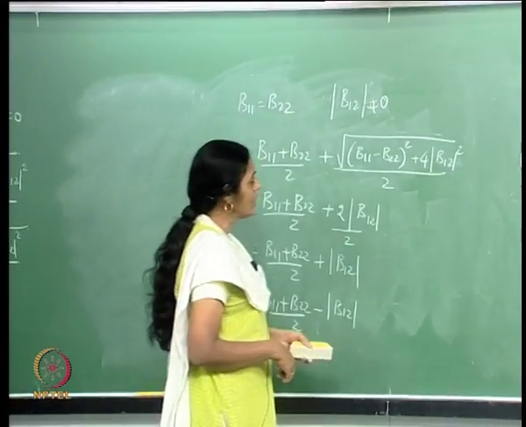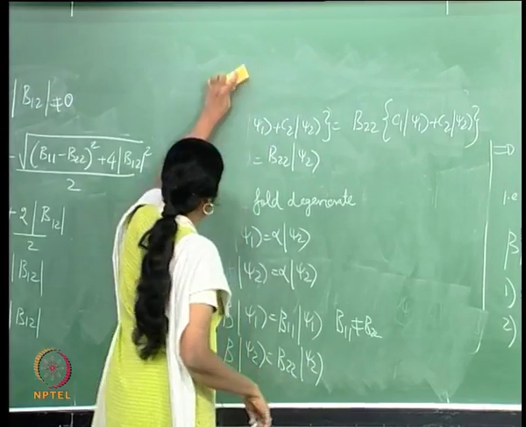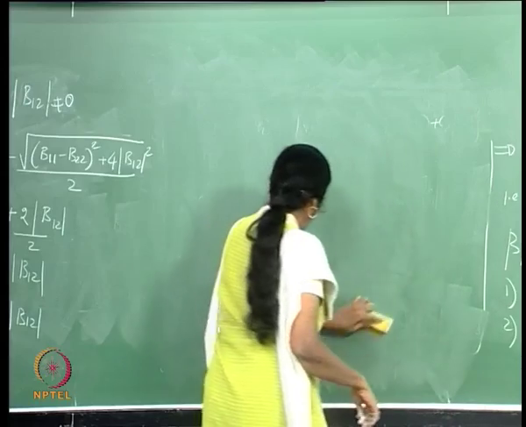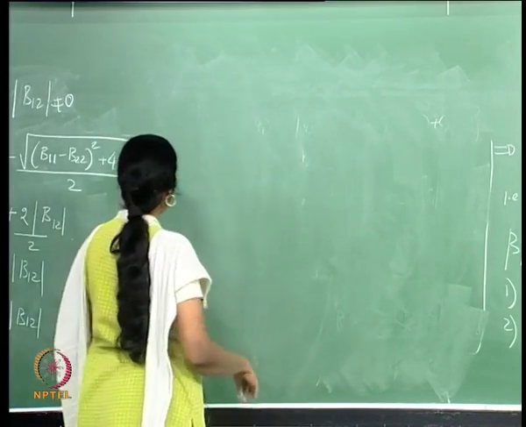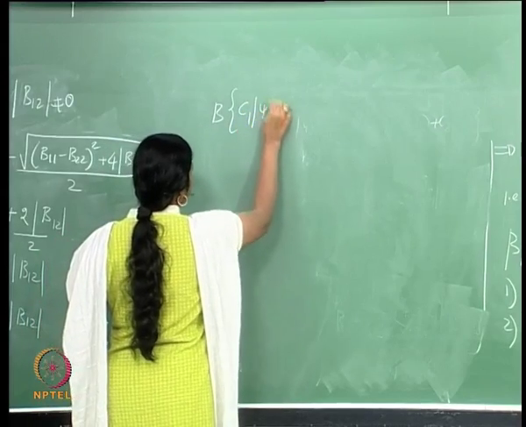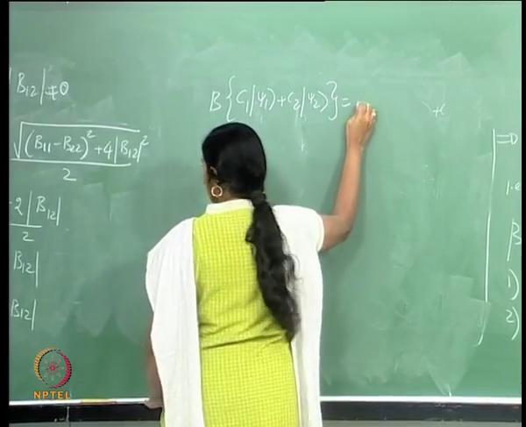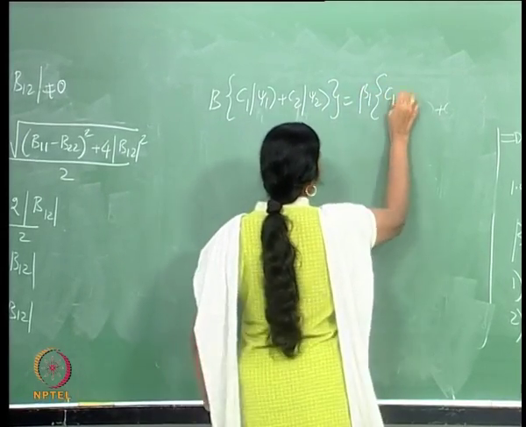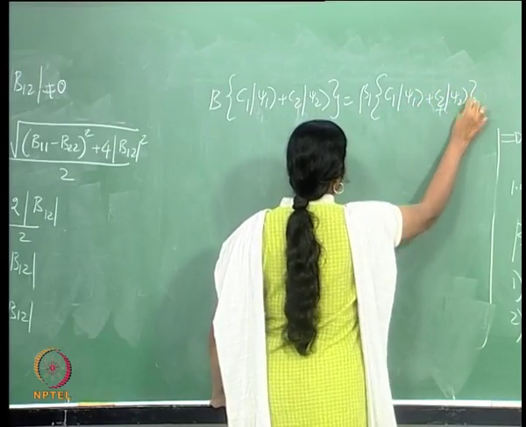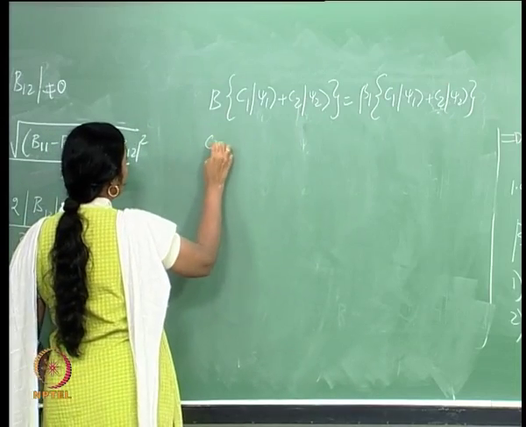You can now see that you could repeat this argument and you will get conditions on C1 and C2. In other words, if you started by saying B acting on the state is beta 1 times C1 psi 1 plus C2 psi 2, what is it that I have?